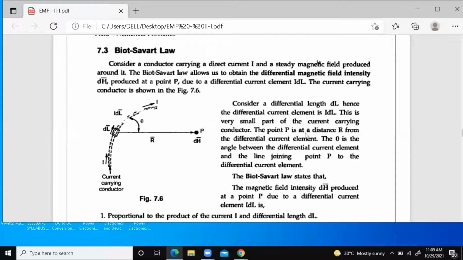The point P is a distance R from the differential current element. Theta is the angle between the differential current element and the line joining point P to the differential current element. So this is your theta.